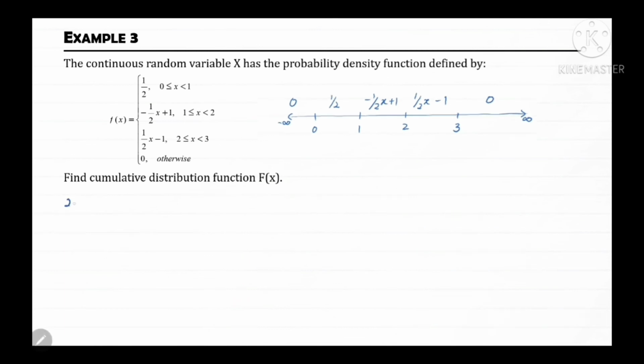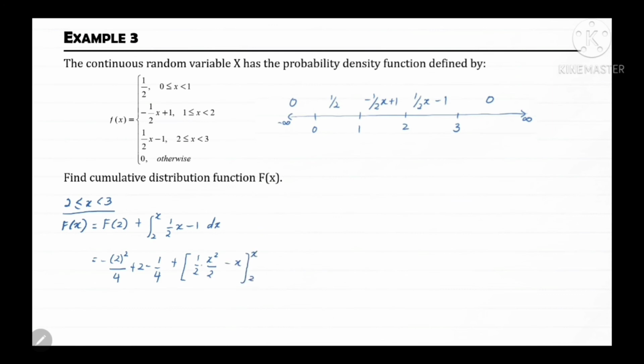Next interval is from 2 to 3. The cumulative function is F(2) plus 2 up to x of 1 over 2 x minus 1 dx. So F(2), substitute 2 into the function, we get negative 2 squared over 4 plus 2 minus 1 over 4, plus integrate 1 over 2 x squared over 2 minus x from 2 to x.